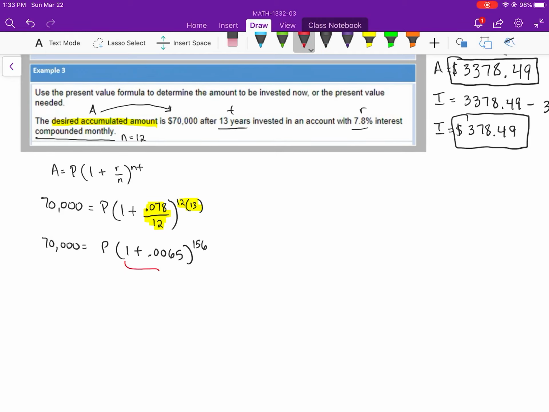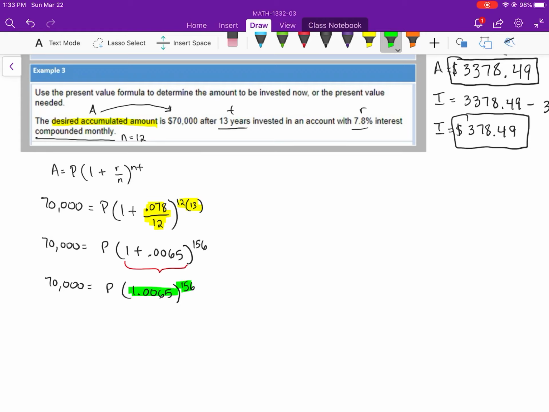All right, we have to add that 1 to it first before I can take it to the 156 power. So 70,000 equals P times 1.0065 to the 156 power. Okay, highlight this in green.